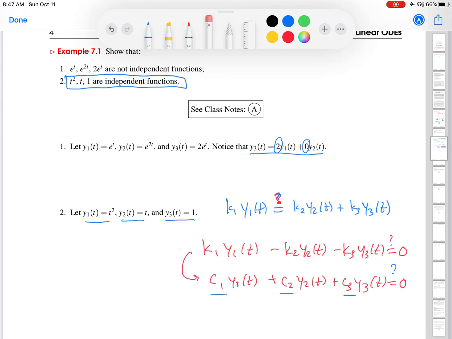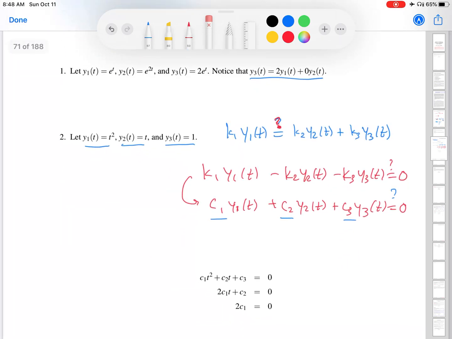Great, so let's then convert what we have done down here to what it is. So I'm going to go a little further down and use the y1, y2, and y3 functions themselves. I'm going to put them in here, and then that gives me this first equation right here.